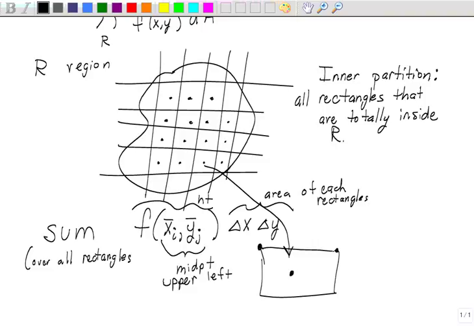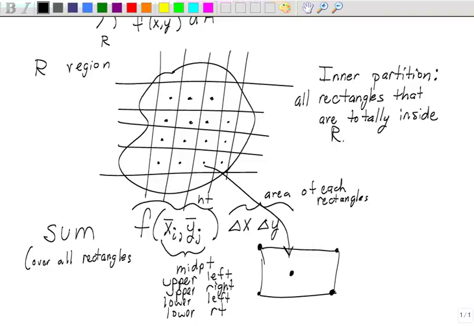We could take the upper right, the lower left, or the lower right. Just as you did in the one-dimensional case, you took that point to be the midpoint or the left endpoint or the right endpoint. So that's what we're going to do there.